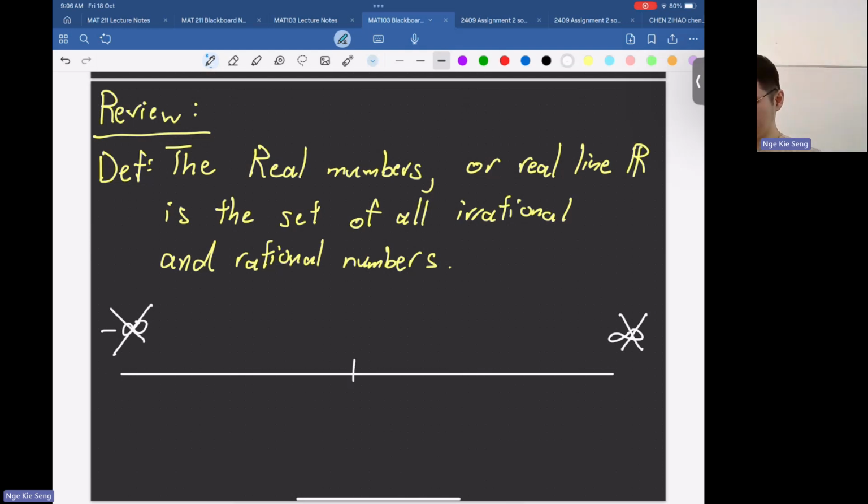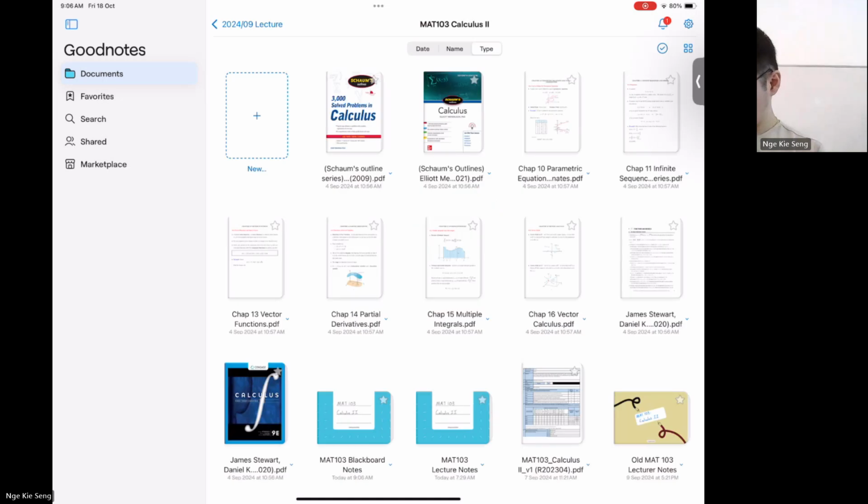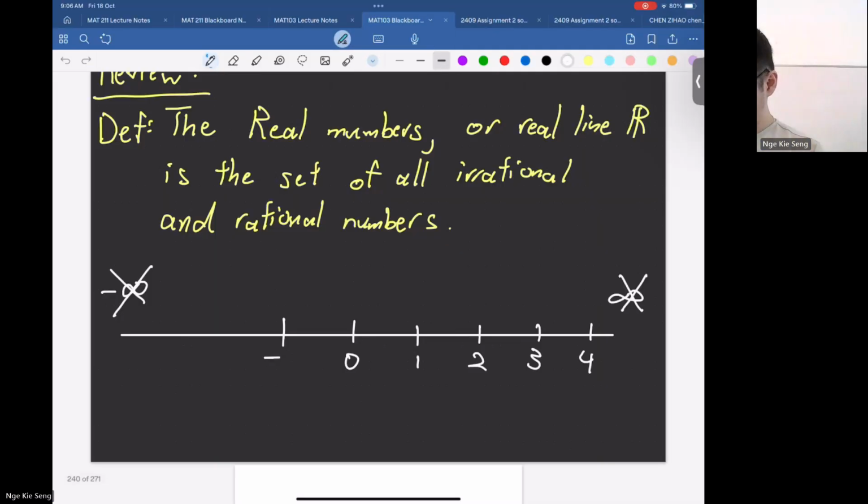Okay, let's take all the integers: 0, 1, 2, 3, 4, -1, -2, -3. Okay. How about Isaac? What else inside this line? Seems like a lot of gap here. What else you can put?